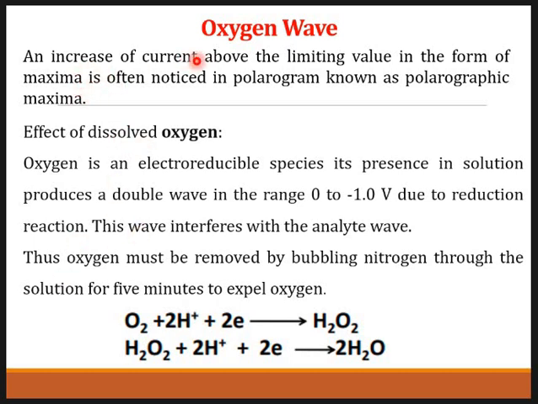Again, an increase of current above the limiting value in the form of maxima is often noticed, as we know. And here the oxygen present in the solution, an irreducible species, produces a double wave in the range of 0 to 1.0 volt, which is due to the reduction reaction.